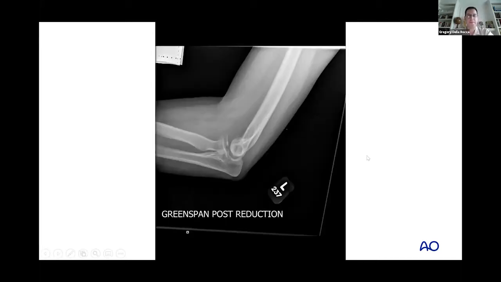So I would just, Greg, echo what Jonah said, that I think there's nothing to be lost by a closed reduction. And there isn't always an elbow person, somebody who's comfortable with dealing with this, available on a moment's notice. And sometimes, like in our institution, like at Harborview, or the same as I'm sure at your place, they don't often get done for a day or two, or even perhaps longer.